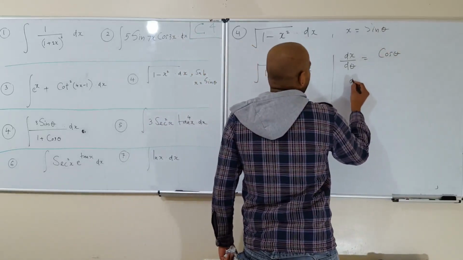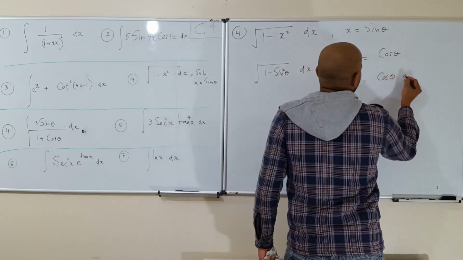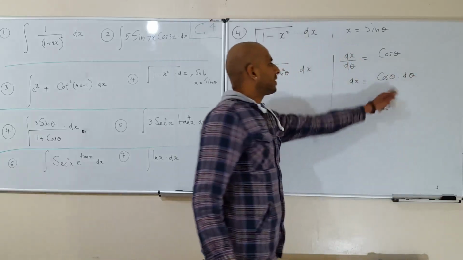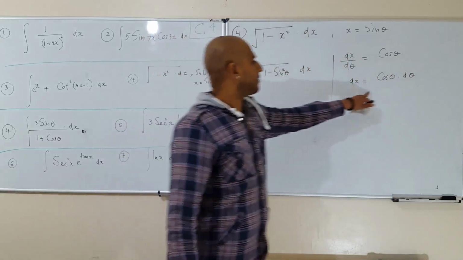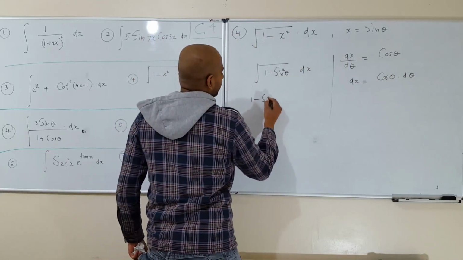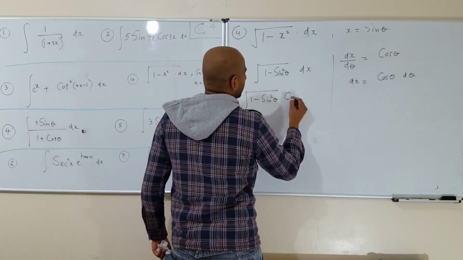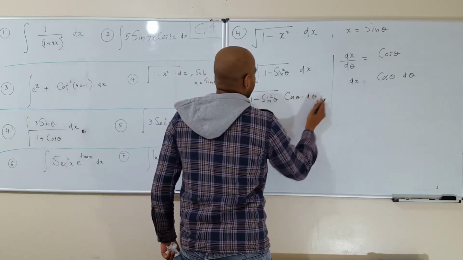So dx equals cos theta d theta, and I can replace dx with that. So the square root of (1 minus sin squared theta) times cos theta d theta.